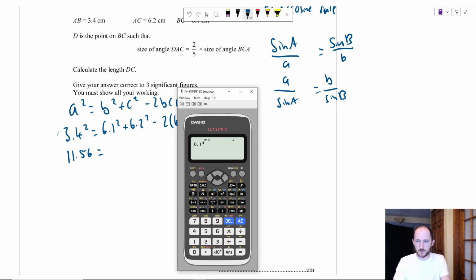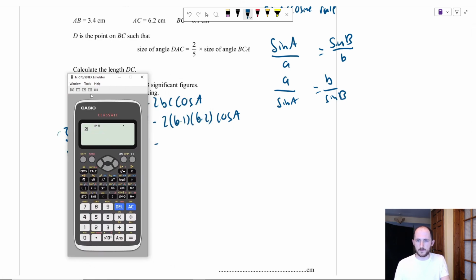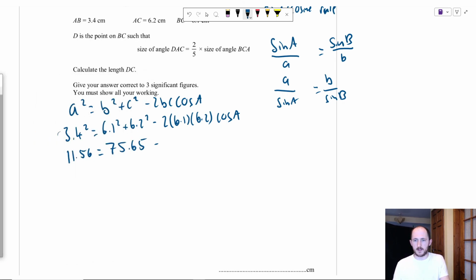So 6.1 squared, there we are, is 75.65. And then we have 2 times 6.1 times 6.2, which is 75.64.